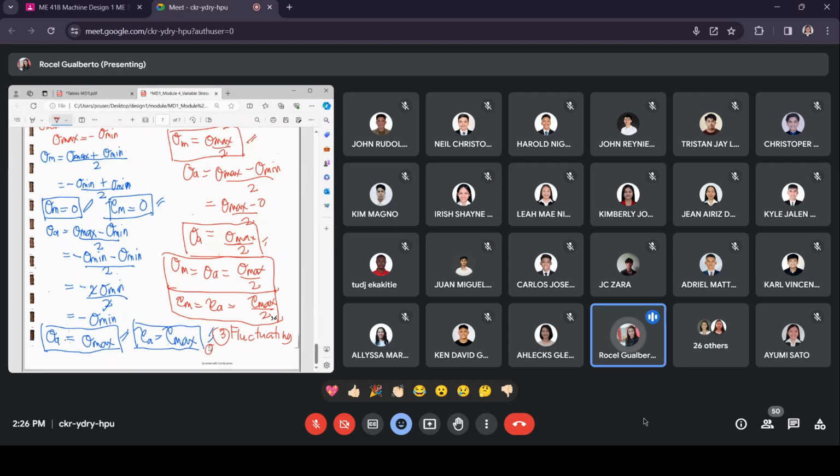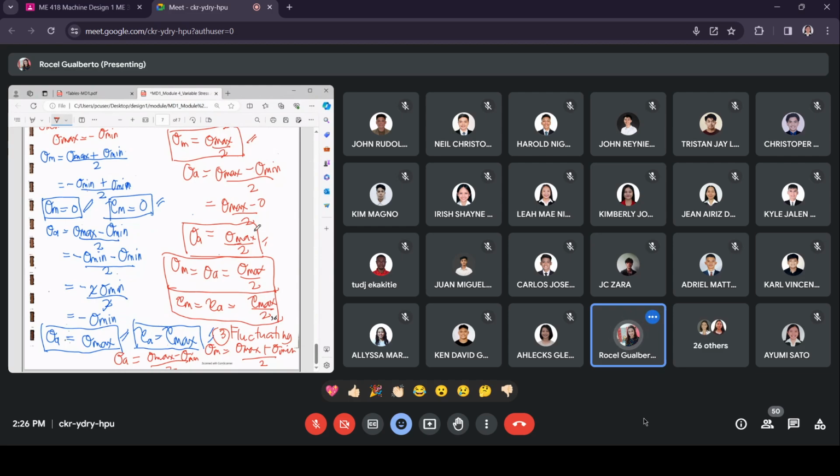Sigma M is maximum plus minimum divided by 2, and your sigma A would be maximum minus minimum divided by 2. Multiply by tau, the same equation po. Palitan lang po natin lahat ng sigma ng tau. So, yung fluctuating, that's the general equation. And from that, we simply derive the equation for repeated and reverse stress.